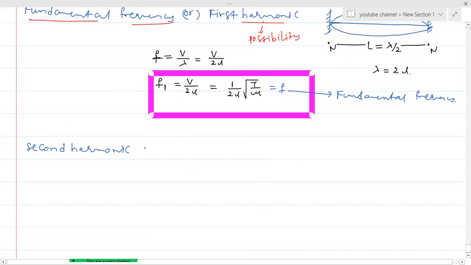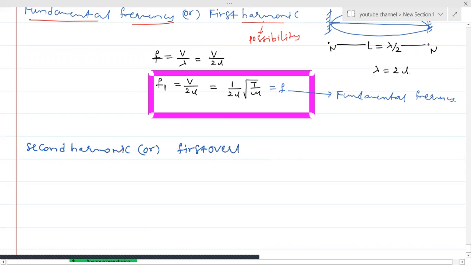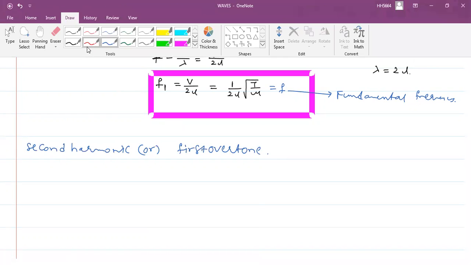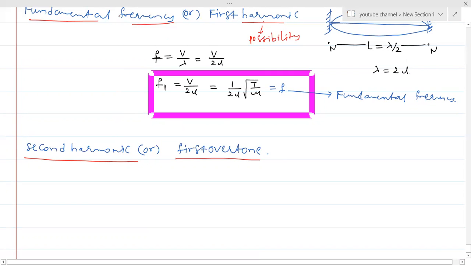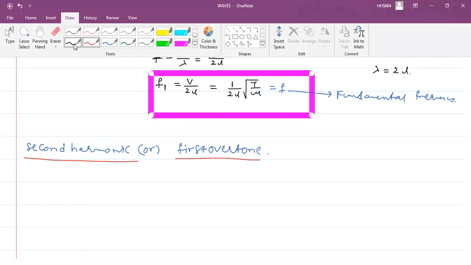Second harmonic, or we used to call it the first overtone. So now we are discussing the second harmonic, meaning the second possibility, or the first overtone.